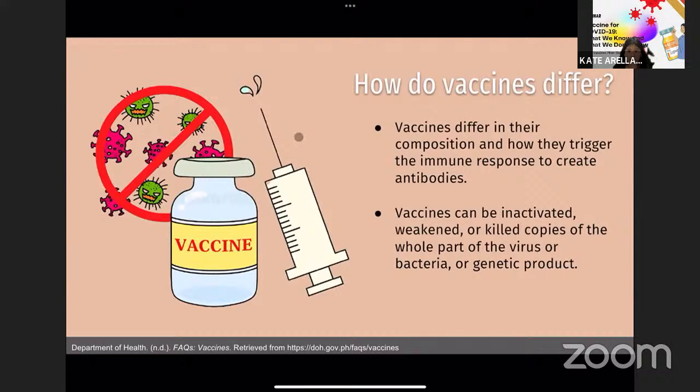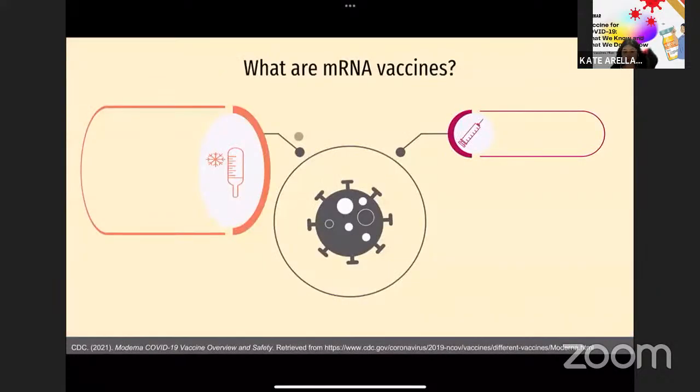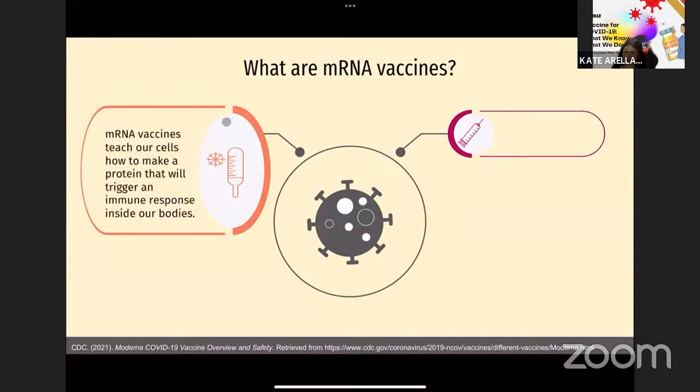So, what are mRNA vaccines? So messenger RNA, I think we have talked about mRNA, right? So messenger RNA or mRNA vaccines teach our cells how to make a protein that will trigger an immune response inside our bodies.